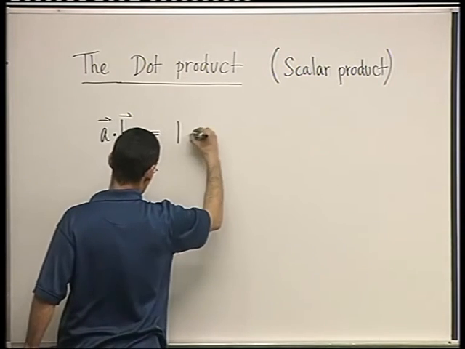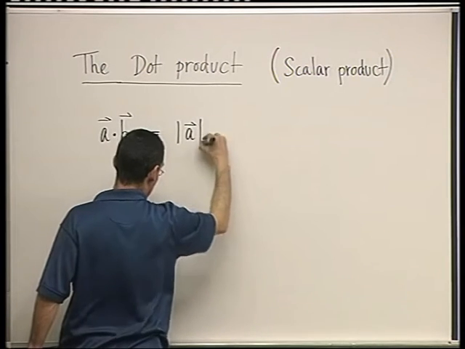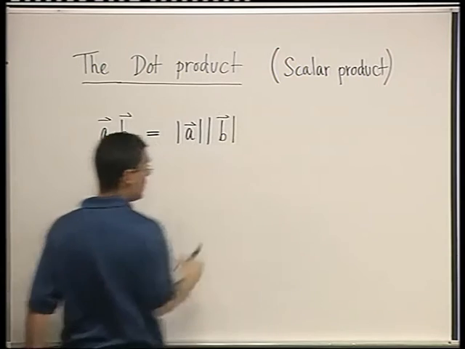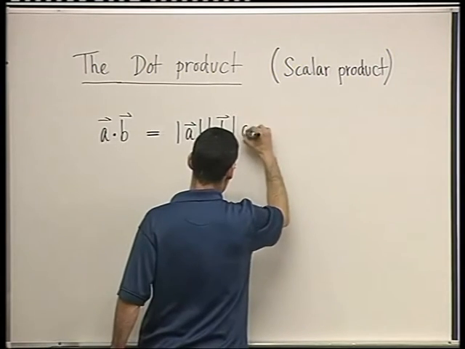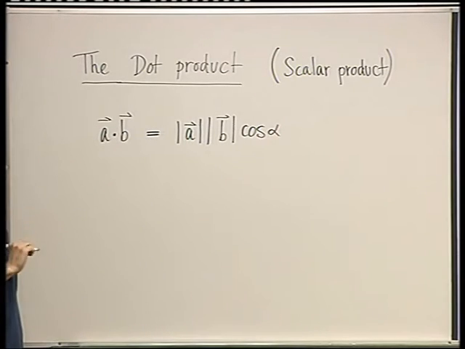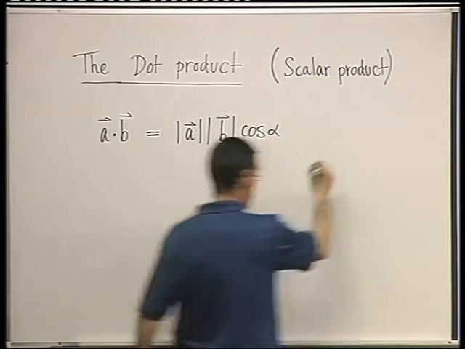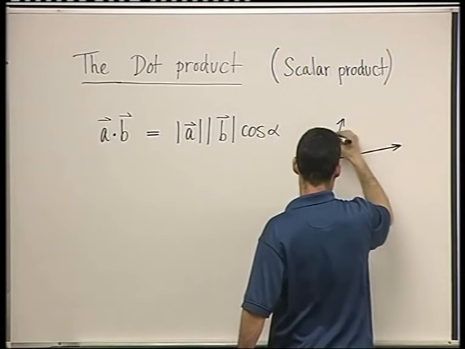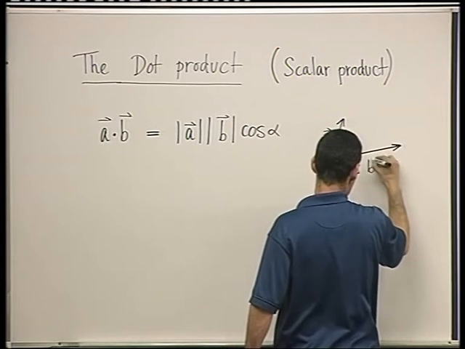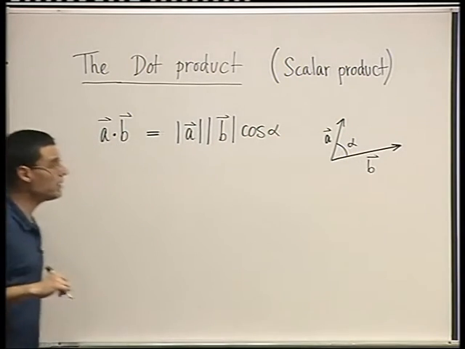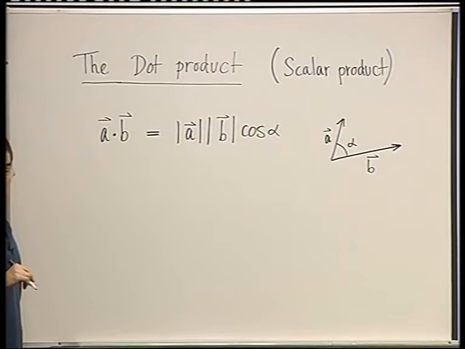The definition is: take the length of A, multiply it by the length of B, and then multiply it by cosine of alpha, where alpha is the angle between A and B. Remember that here and almost everywhere, when I say the angle between A and B, I mean this angle, where A and B start from the same point. Okay, so that's the definition.